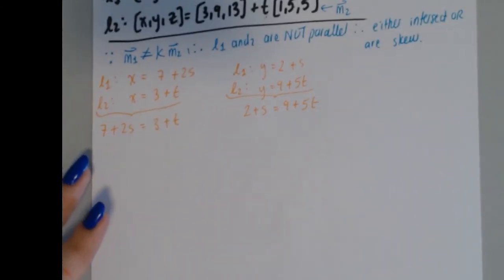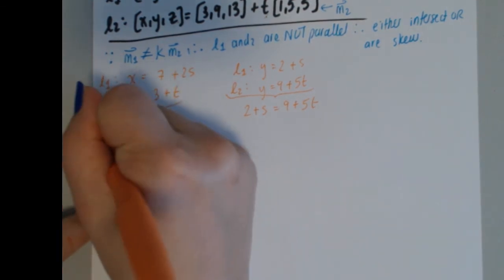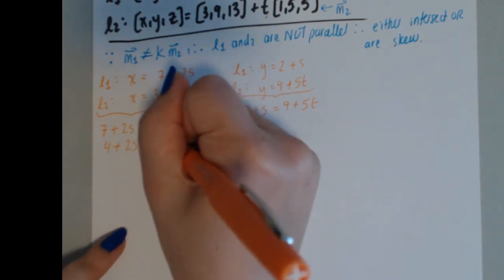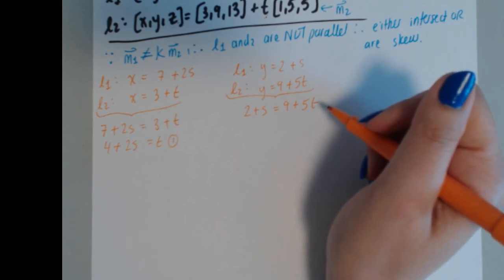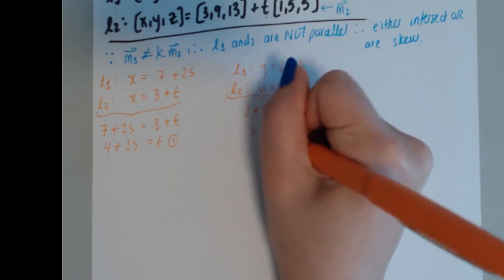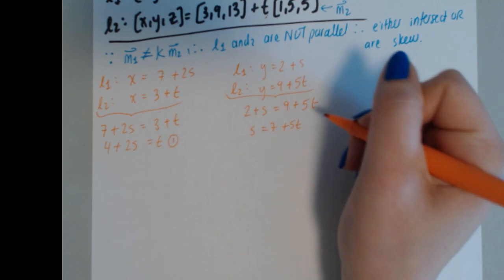All right, so I'm going to solve for t from this equation right here. I'm going to bring the 3 over. 7 minus 3 is 4. So I have 4 + 2s = t. I'm going to call that equation 1. On this side, I don't really have to isolate anything here, but I will combine the 9 and the 2. I'm going to have s = 9 minus 2, which is 7, plus 5t.